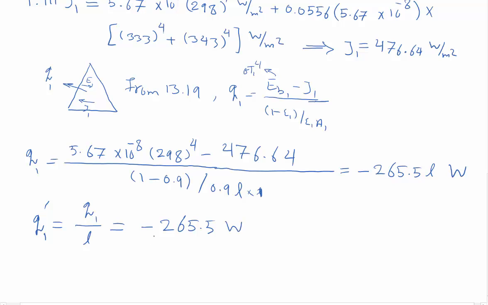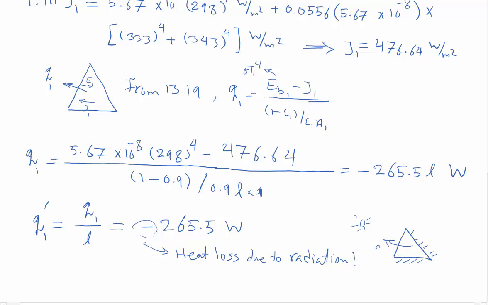This negative sign is telling us that there is a heat loss due to radiation. If I look at my cross section, these surfaces both get very heated due to the solar radiation, which we did not really model. But some of this absorbed radiation on the surface will manage to escape out. There will be a net heat transfer escaping from the receiver, and the value is 265.5 watts.